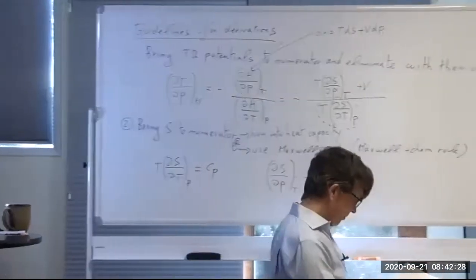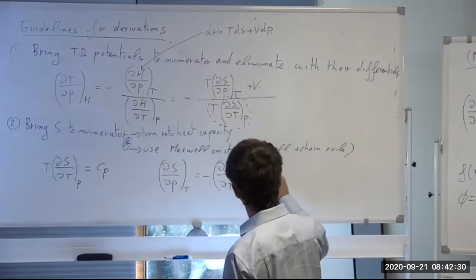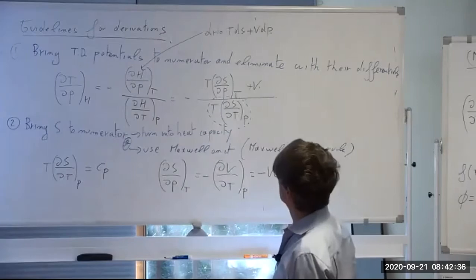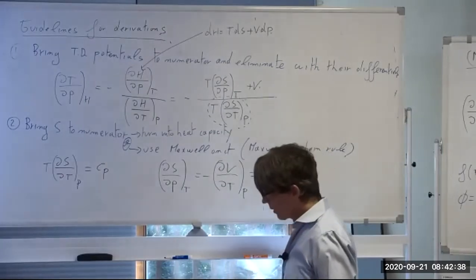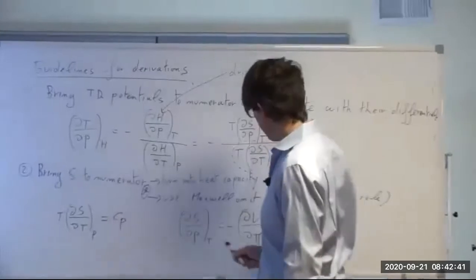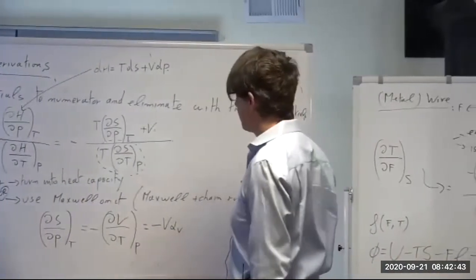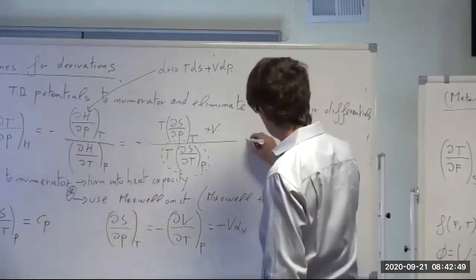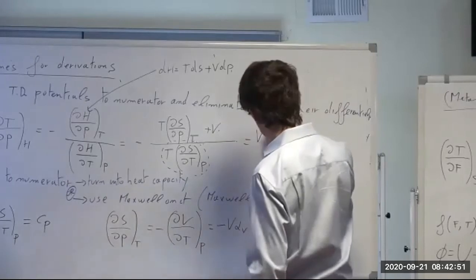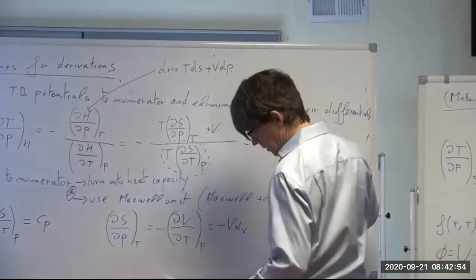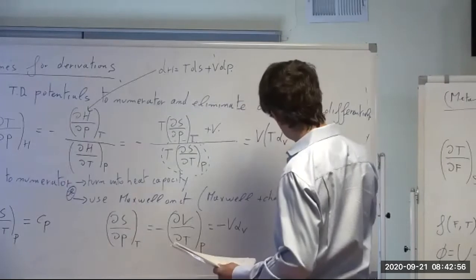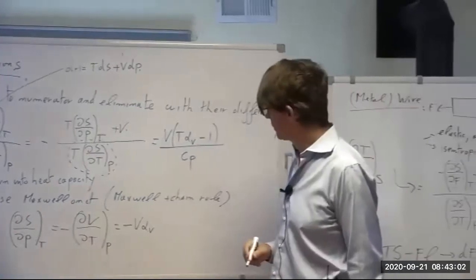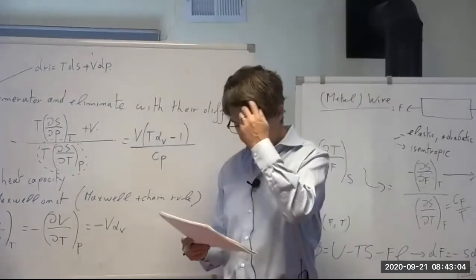And it's minus, which I'm not going to derive for you anymore. So this is equal to minus V times alpha_V, the thermal expansion. So now I've taken the whole Joule-Thomson differential and reduced it to things that I know. So with these two steps together, I find that this is equal to V times (T alpha_V minus 1) divided by Cp. Completely logical derivation, I like to think.